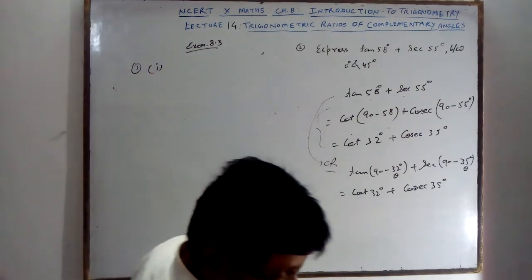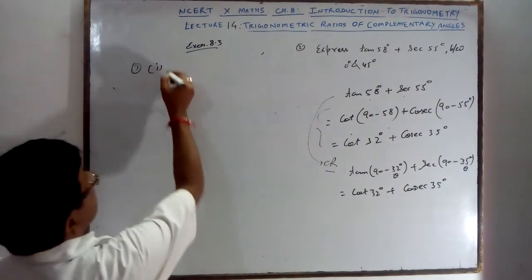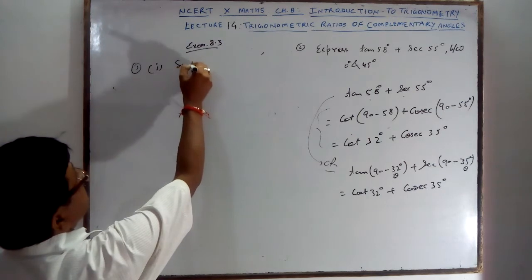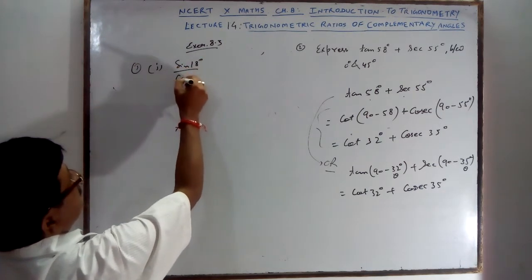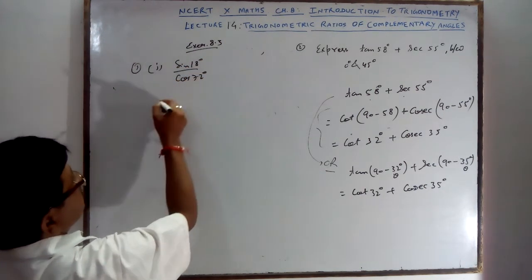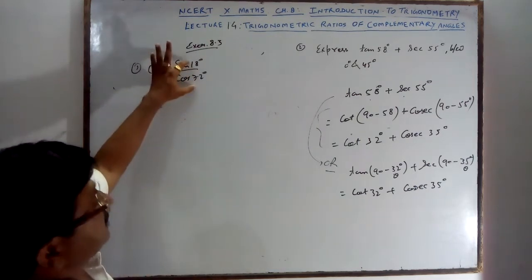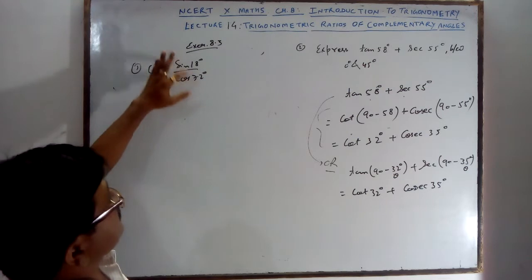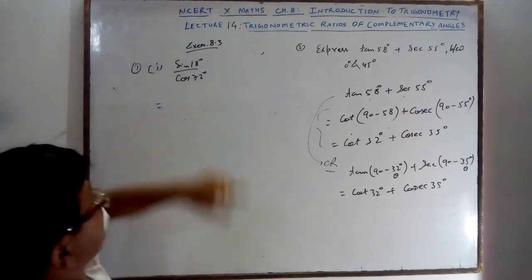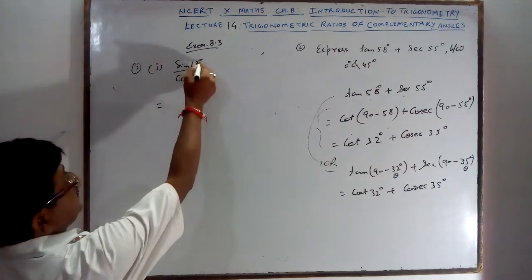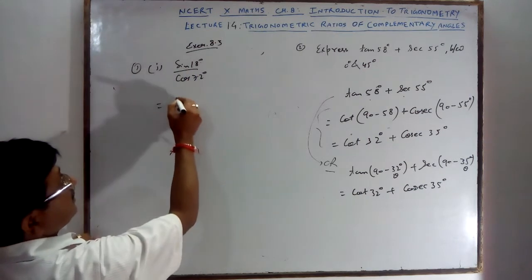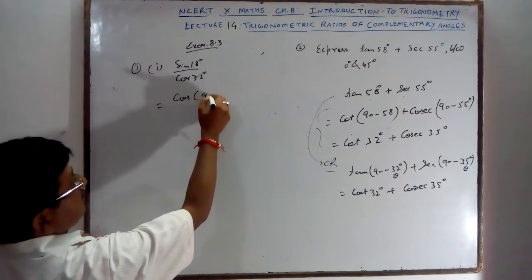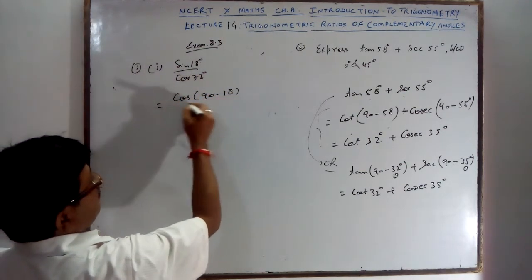You are getting sin 18 degrees upon cos 72 degrees. Check whether the sum is 90 or not: 8 plus 2 is 10, 7 plus 1 is 8, that is 90. It means you can change either sin 18 or cos 72. Sin you can write as cos, subtracting from 90 minus 18.